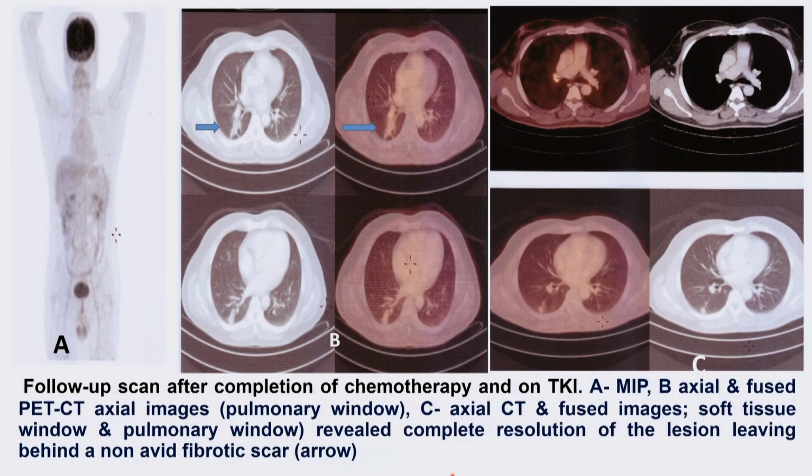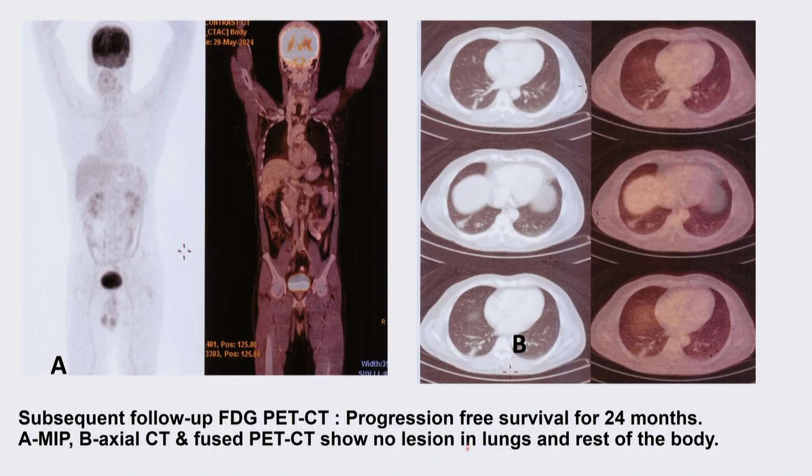In the follow-up scan after completion of chemotherapy and oral targeted therapy, this patient showed complete resolution of the primary malignant lesion, leaving behind a non-avid fibrotic scar. This patient had progression-free survival for 24 months and showed no new lesion in the follow-up scan.